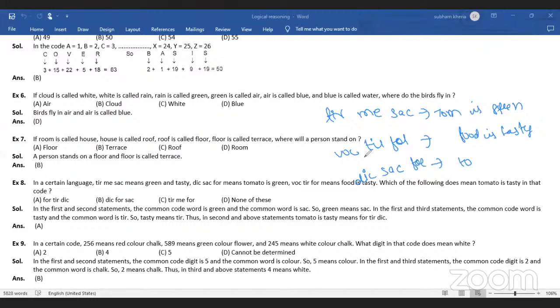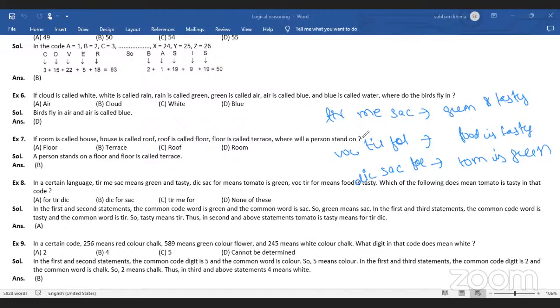Okay, sorry. Mistake made. This is not tomato is green. This is green and tasty. And this is tomato is green. Okay? So 3 sentences are given and in each sentence there are 3 words and 3 codes.